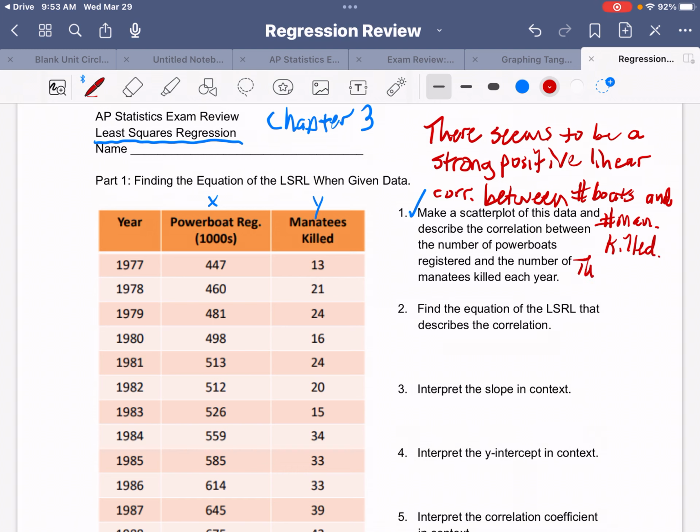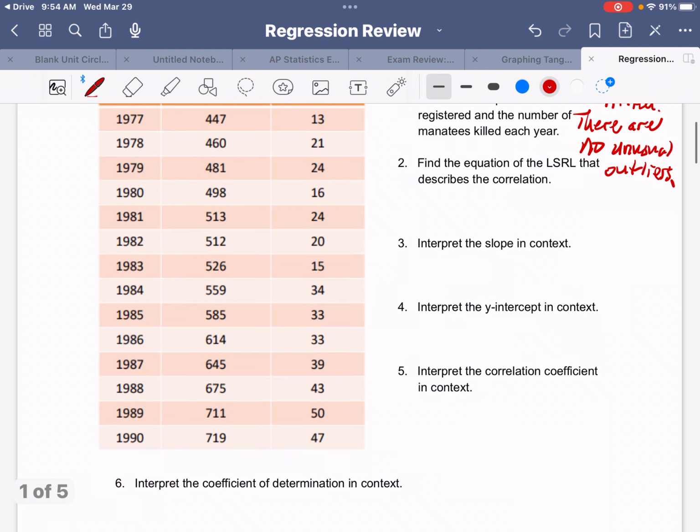And then I would say there are no unusual outliers. You know, outliers would be like one year down the road where there was a low number in 1991. That would look unusual, but we don't have anything like that.